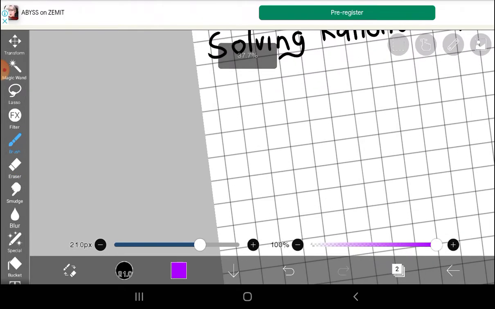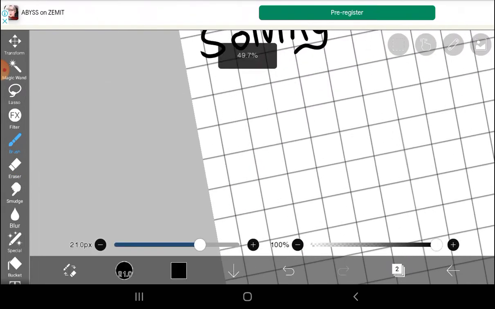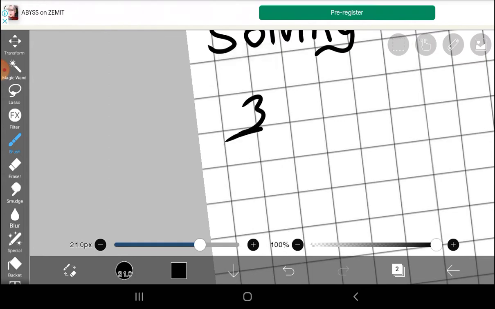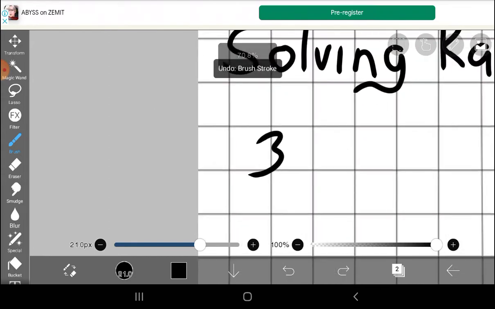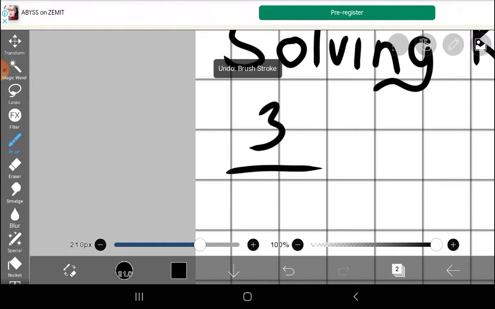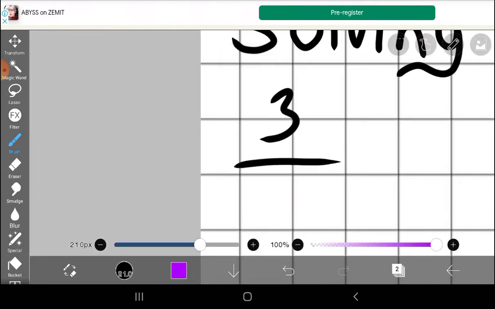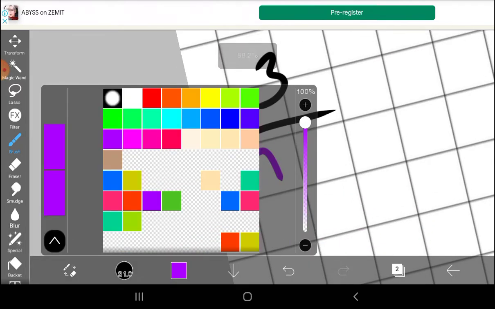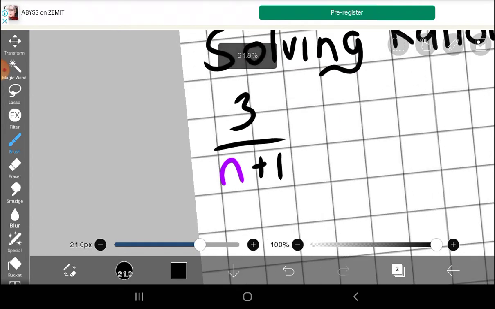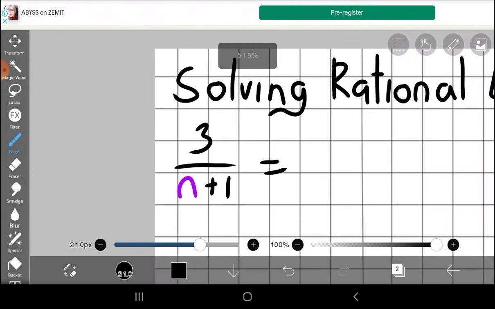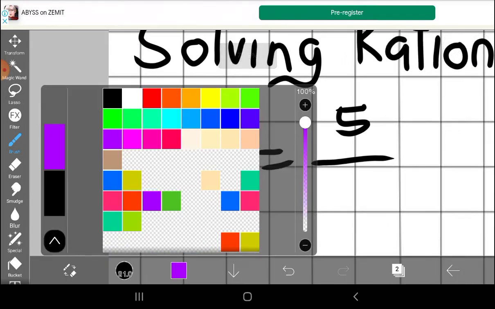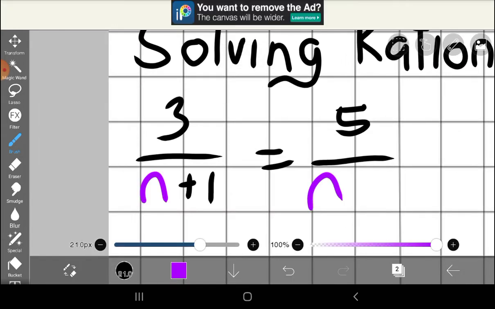Now what if we have 3 over n plus 1 equal to 5 over n negative 1?